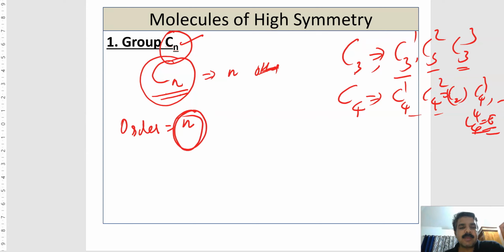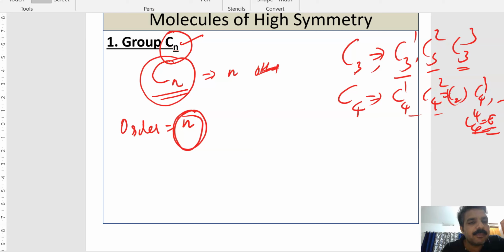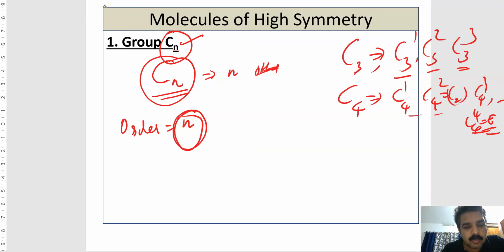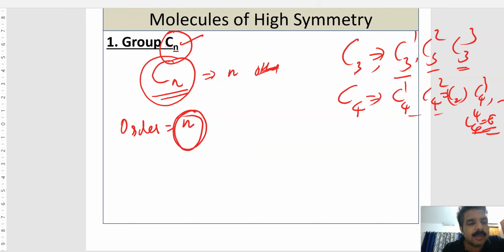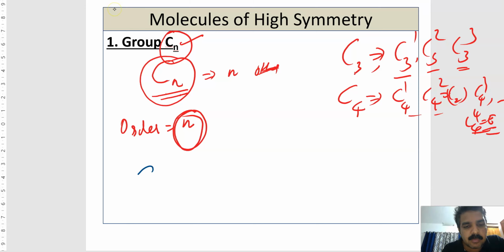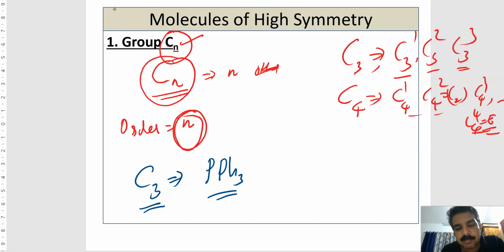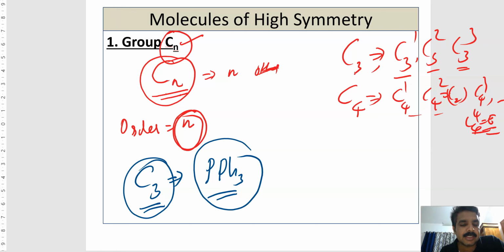The examples of this type of molecule are very rare. Molecules having a C3 point group are known. An example of a molecule having C3 point group is triphenyl phosphine, PPh3. The triphenyl phosphine molecule has only a C3 axis, no other symmetry operation.